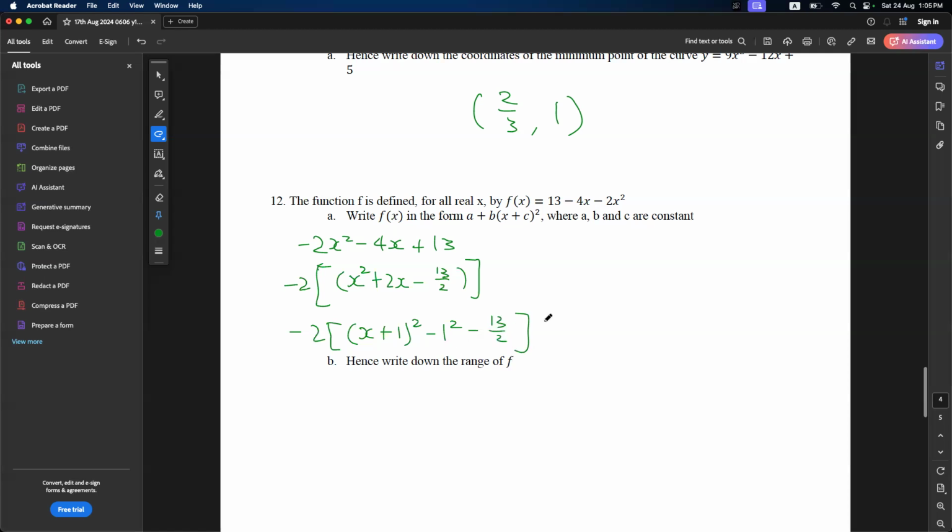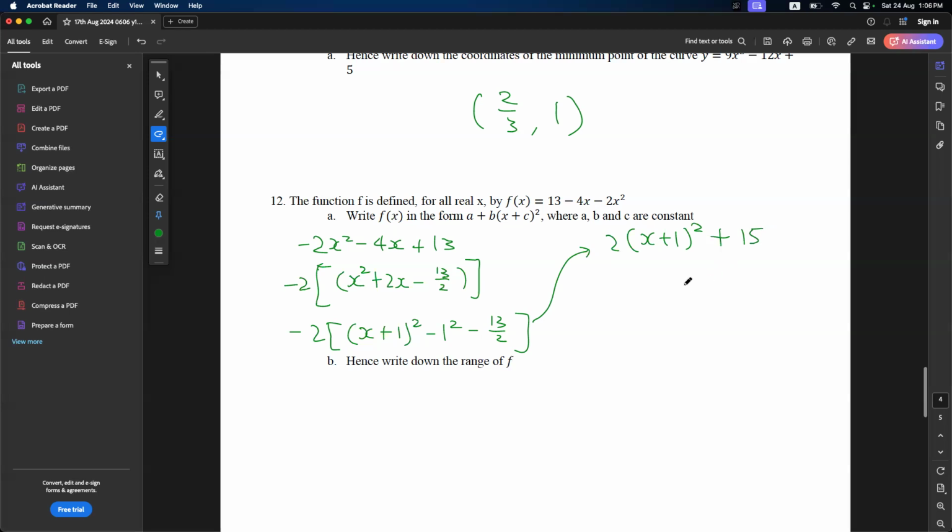From here you have negative 2 bracket x plus 1 squared minus 1 minus 15 over 2, times negative 2 becomes plus 15.